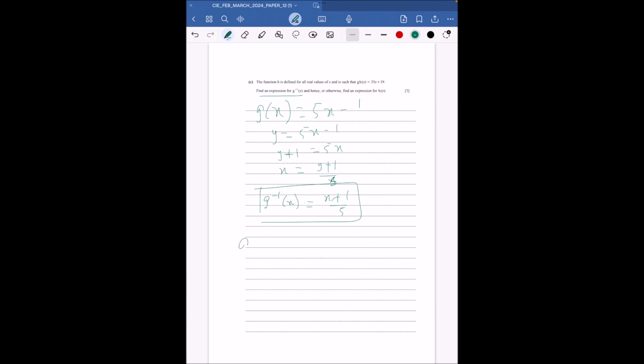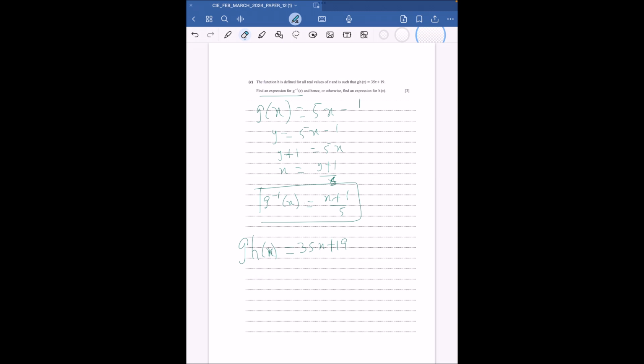Now they told us gh of x, this is the main question here, is equal to 35x plus 19. Okay, there's a rule in functions because some of you want to put, you don't know h, so how would you put h in g?